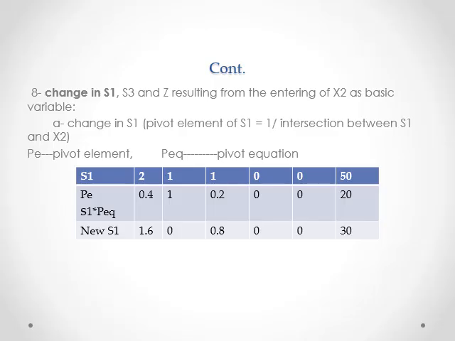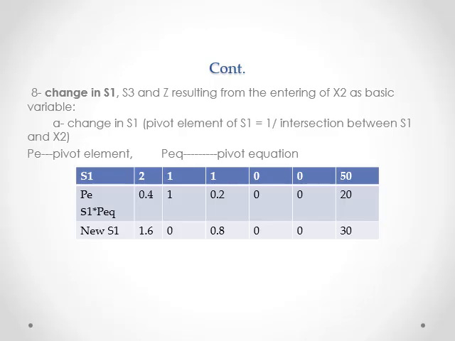The pivot element of S1 is the element that intersects with the column of X2, which is determined as the entering variable. Now, this pivot element should be multiplied by the pivot equation, which also was determined before. The results are 0.4, 0.2, 0, 0, 20.